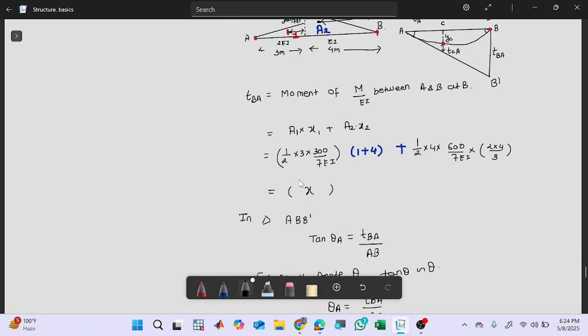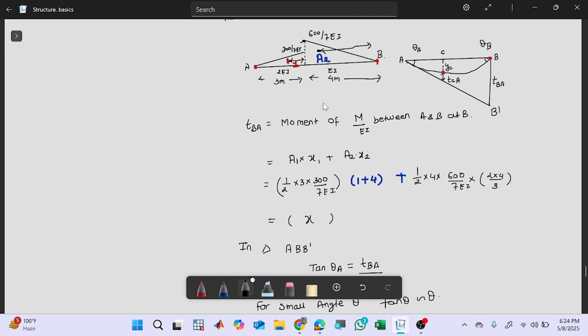Now let's talk about this YC. For getting YC, I will again use the second theorem, like TCA equal to the moment of M by EI between C and A, where we are going to calculate at point C. So what is the moment of this area A and C?